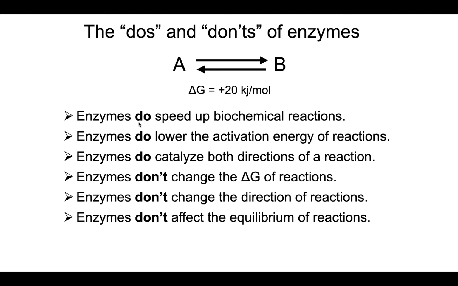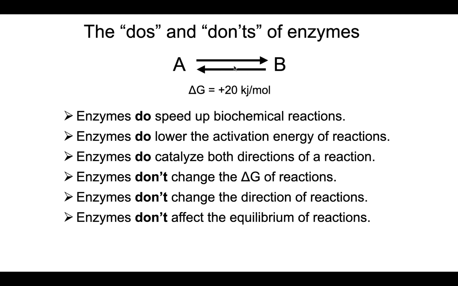Well, enzymes do speed up biochemical reactions. We knew that. Enzymes do lower the activation energy of reactants. Well, that's how they speed up reactions, and you'll learn that a little bit later. Enzymes do catalyze both directions of a reaction. So an enzyme can catalyze the production of B from A or A from B. Now, which direction does it catalyze at any given moment?